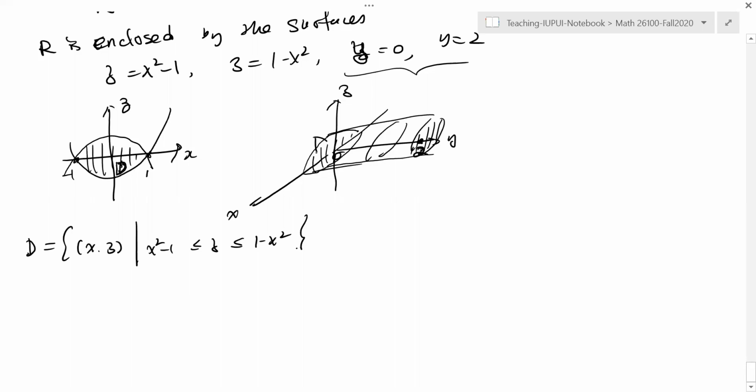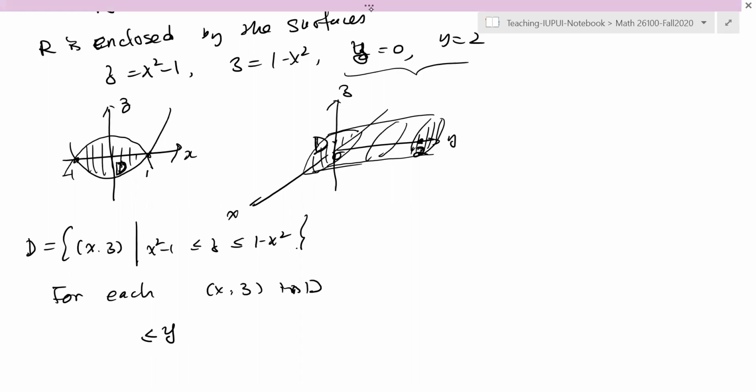So here's D. For each xz in D, I'm going to use a line parallel to the y-axis. For each reference point in D, I get a line parallel to the y-axis.